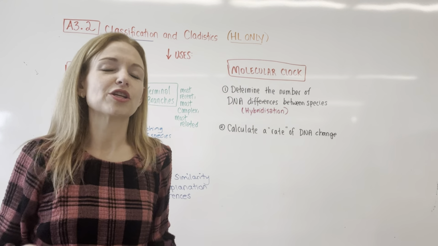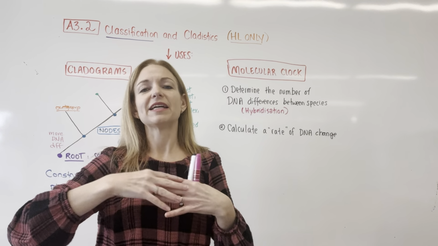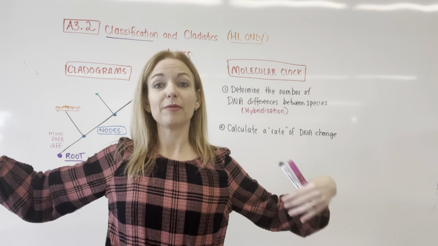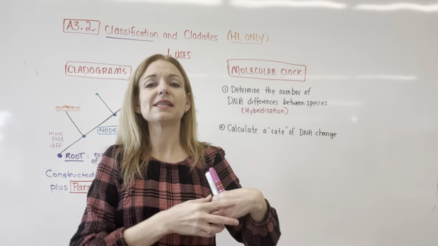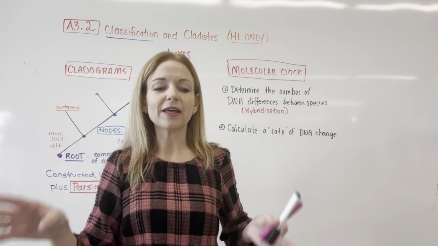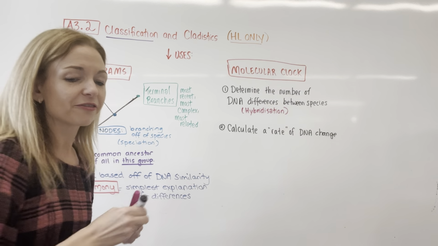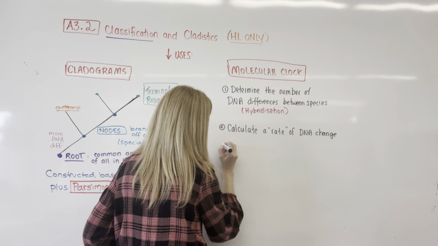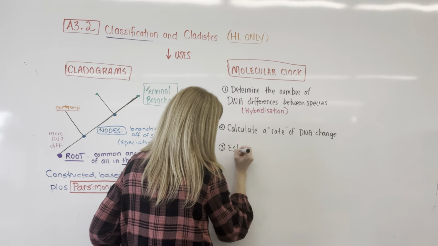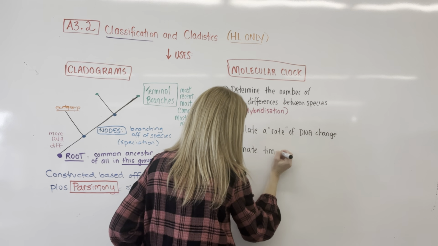You don't really need to know how you would calculate that rate, but essentially you have some sense of time since they were one species, and some sense of how many differences there are between them, and you use that to calculate a rate. And then from that, you can estimate divergence times between the species.